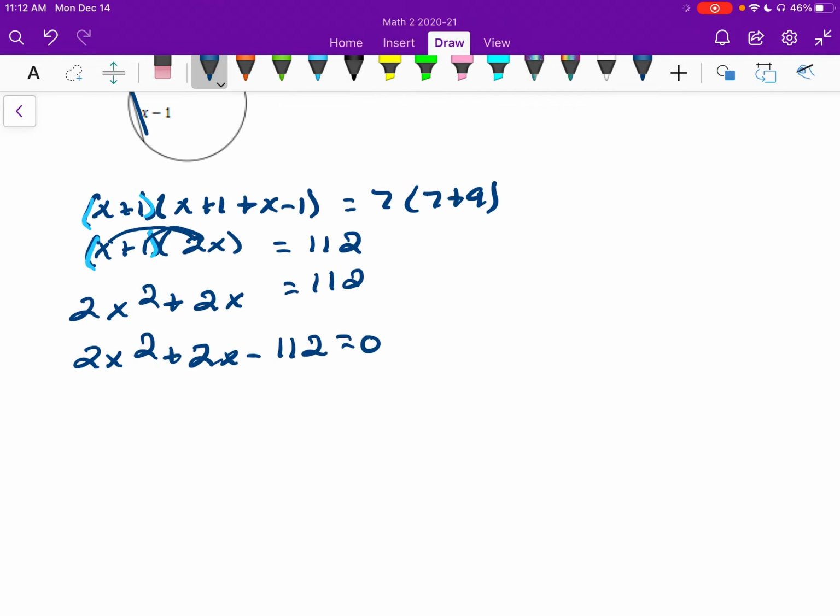And now dividing everything by 2, because we want that coefficient of the quadratic term to be 1, right? Quadratic term means the x squared term. So x squared plus 1x minus 56 equals 0. So now we need things that multiply to be negative 56 and add to be 1.